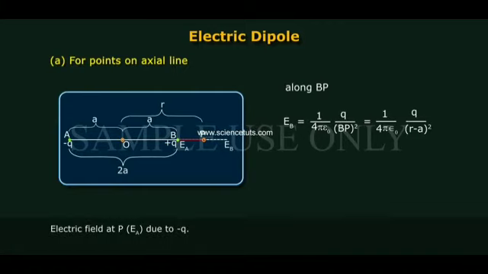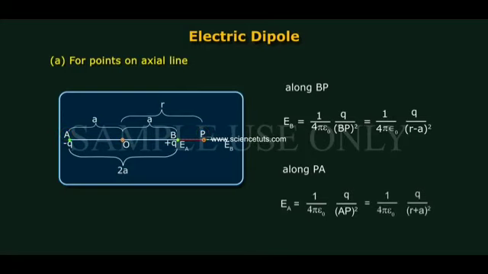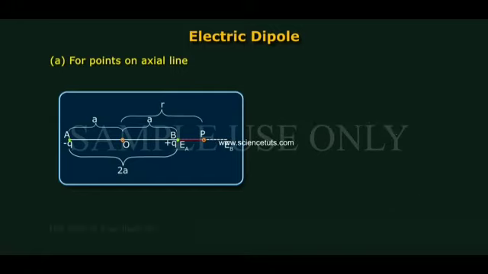Electric field at P due to minus Q, EA. EA is equal to 1 by 4 pi epsilon naught Q by AP square along PA, which is equal to 1 by 4 pi epsilon naught Q by R plus A whole square.